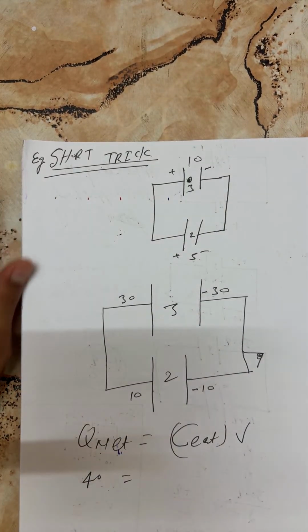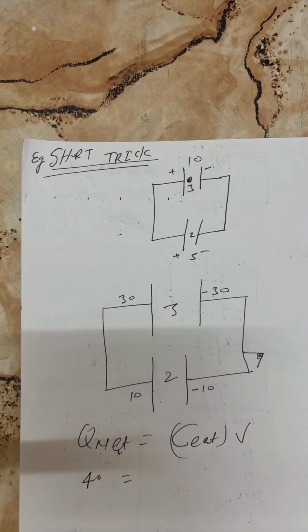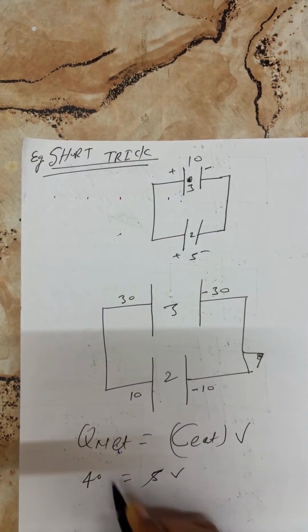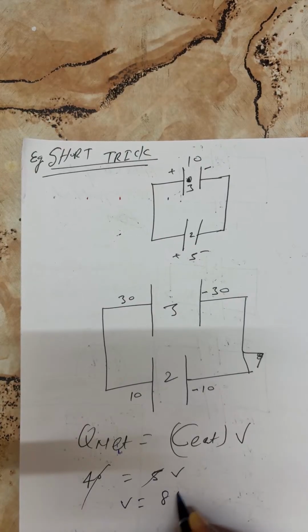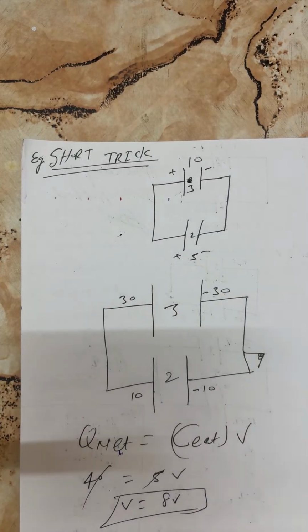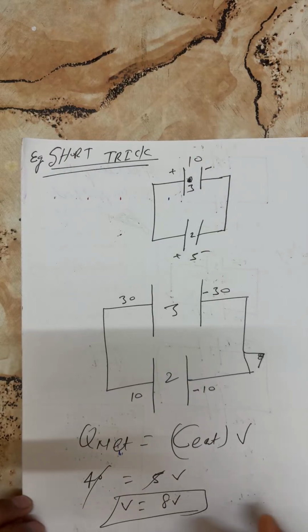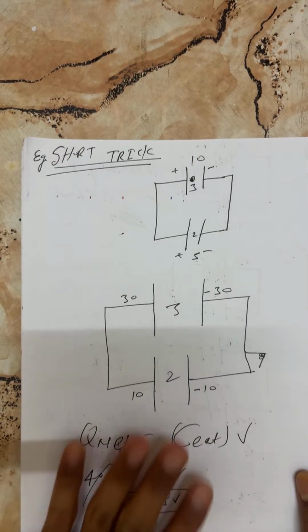For parallel, simply, beta, we can apply the formula of resistor series combination. So 3 plus 2, this is what? 5. V, so potential difference, that is what? 8 volt. No need to do the entire calculation here. We can go through the short trick only. This is what? You can say 8 volt. Right. So this is where further I'll verify the solutions here only.